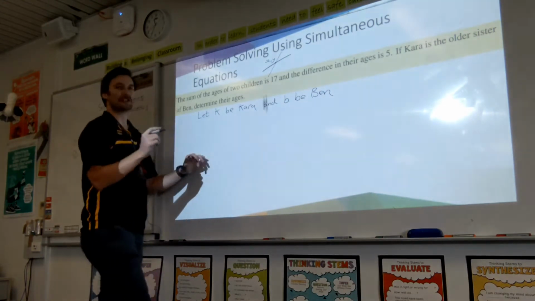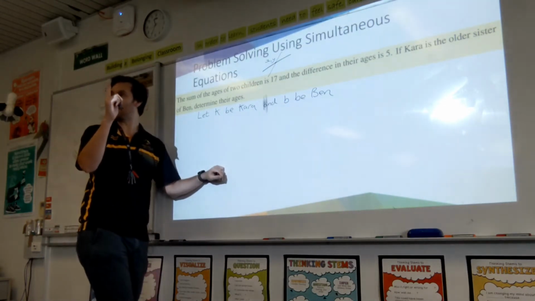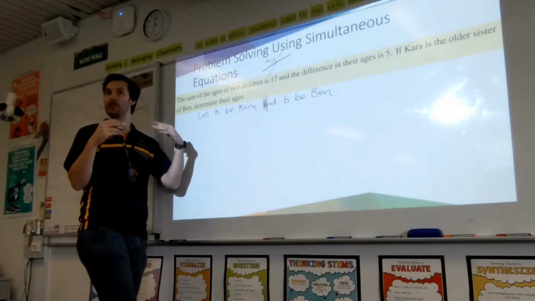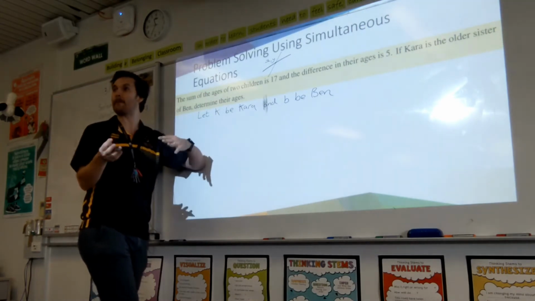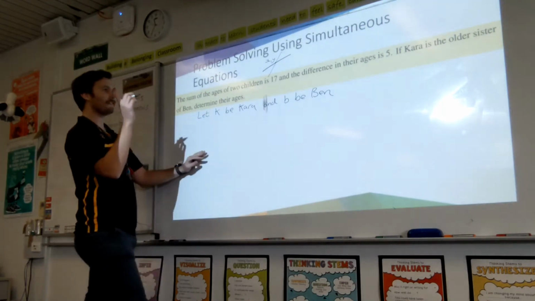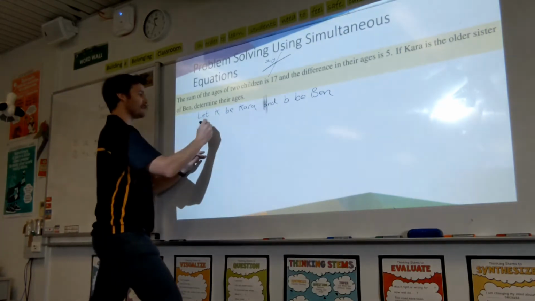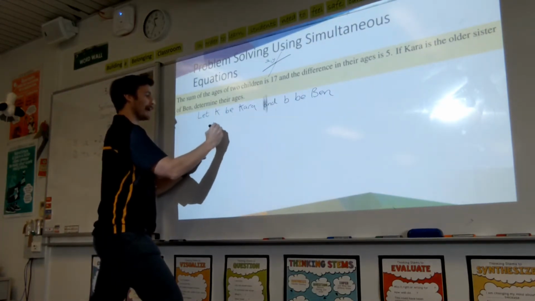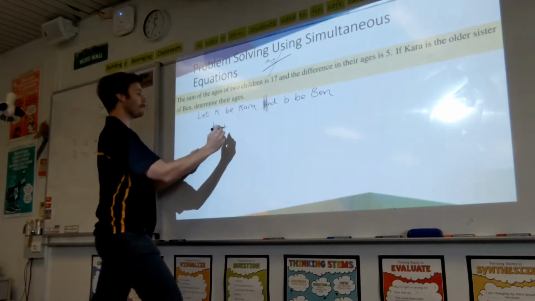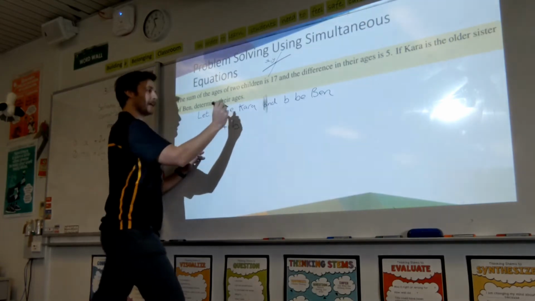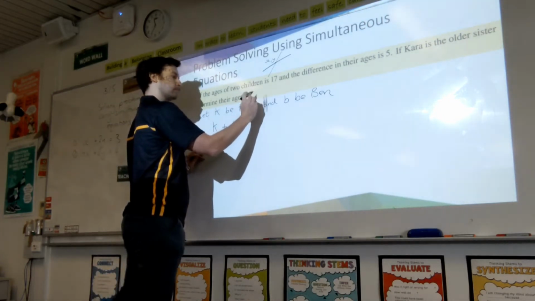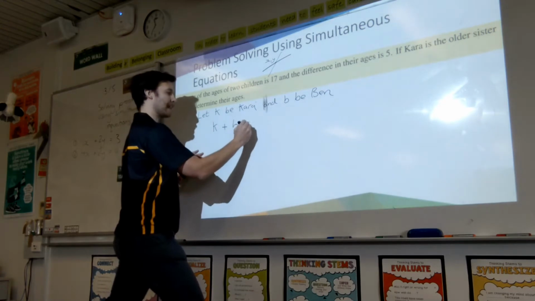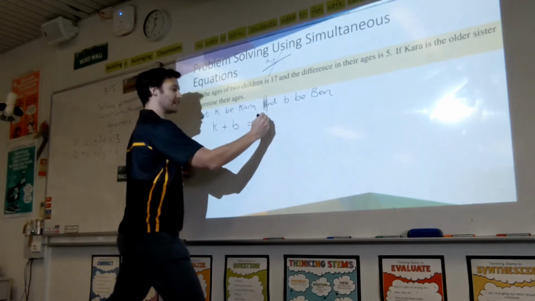Yeah. Okay. So that's job number one, to define the variables. Job number two is to use the information in the question to come up with some equations. So if the sum of the ages is 17, we know that K plus B, so Cara's age and Ben's age, added together, would give us 17.